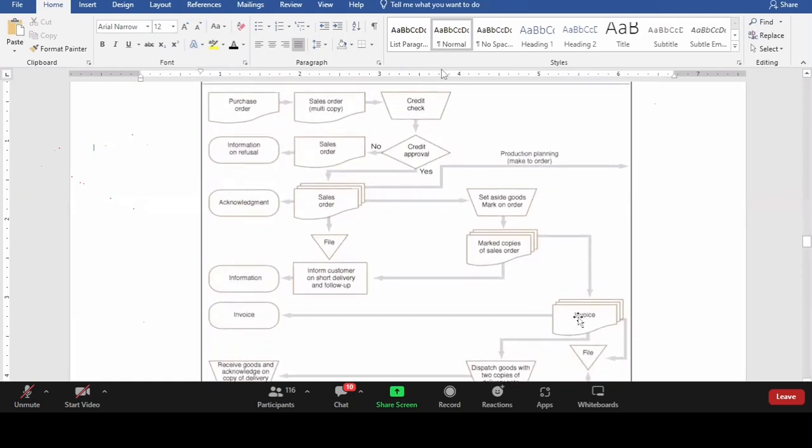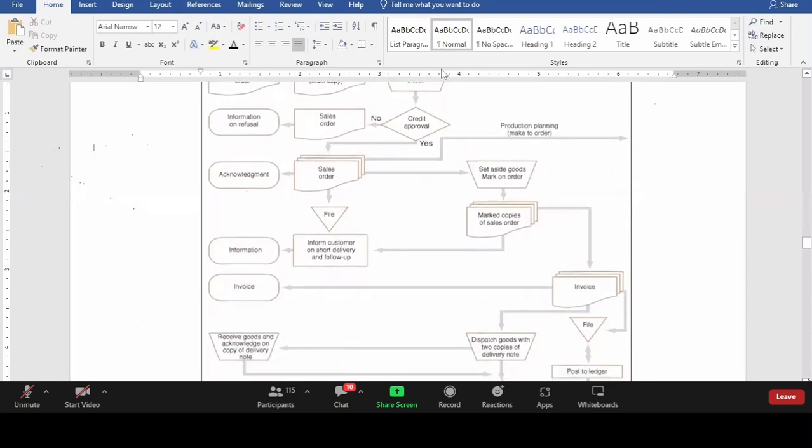And then an invoice is prepared based on the delivery note, because the invoice has to be delivered with the goods, and then the invoice is sent to the customer, and then a copy of the invoice is filed, posted to the ledger, and then the goods are sent to the customer.